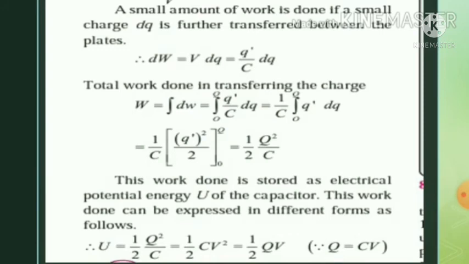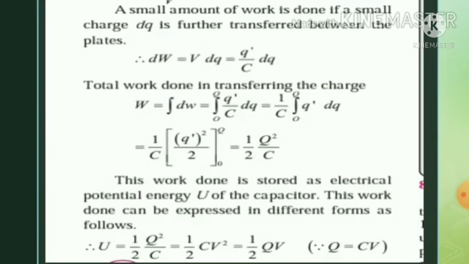Then we know the relation between electric potential V, charge Q dash and C from the above equation, C equal to Q dash upon V. From this equation, we can simplify V equal to Q dash upon C. This value of V, Q dash upon C, is substituted in the equation of work done.